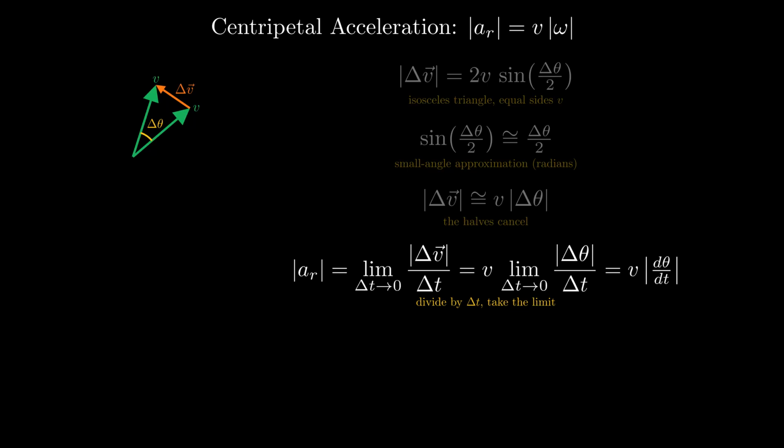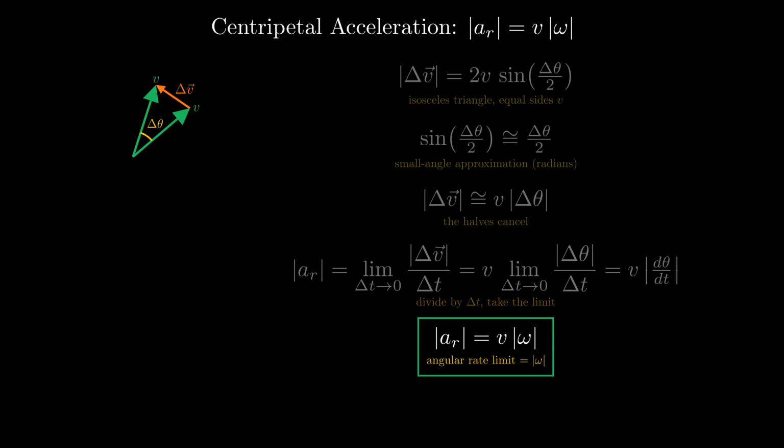Substitute. That limit is v times the limit of the magnitude of Δθ over Δt, but the limit of Δθ over Δt is the magnitude of dθ/dt, which is the angular speed ω. So the magnitude of a_r equals v times the magnitude of ω.